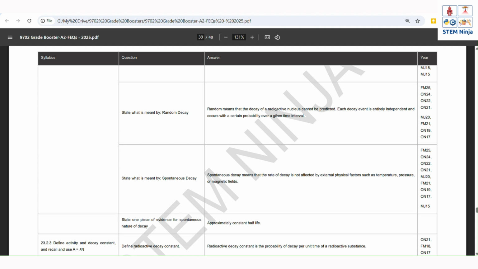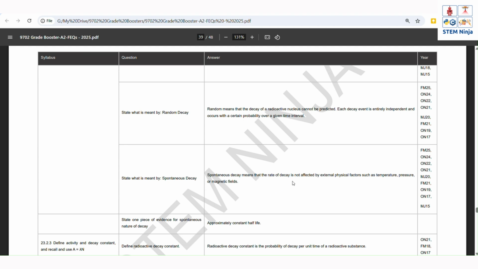Random decay means that the decay of a radioactive nucleus cannot be predicted. Each decay is entirely independent and occurs with a certain probability over a given time interval. So we cannot predict when and which nucleus will decay. Spontaneous means that the rate of decay is not affected by external physical factors such as temperature, pressure, or magnetic fields.